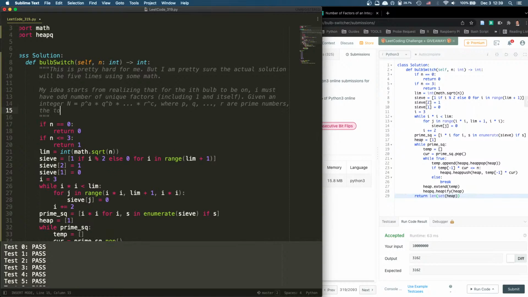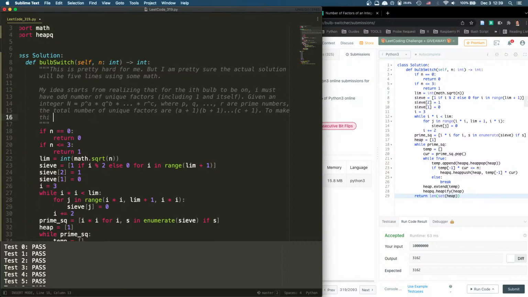The total number of unique factors is a plus 1 times b plus 1 times c plus 1. To make this value odd, we require that a, b, c must all be even.